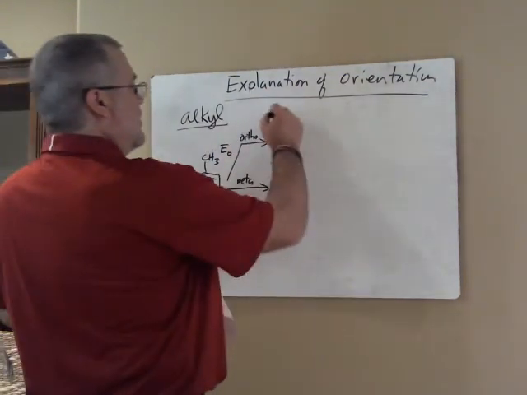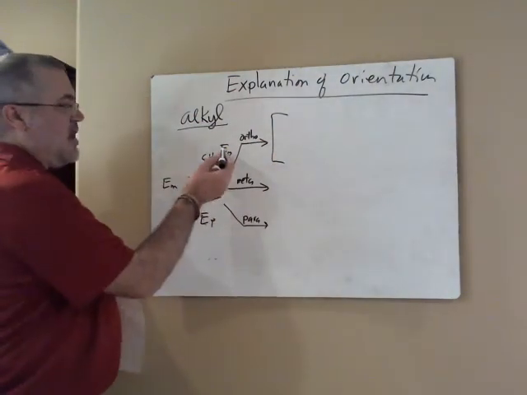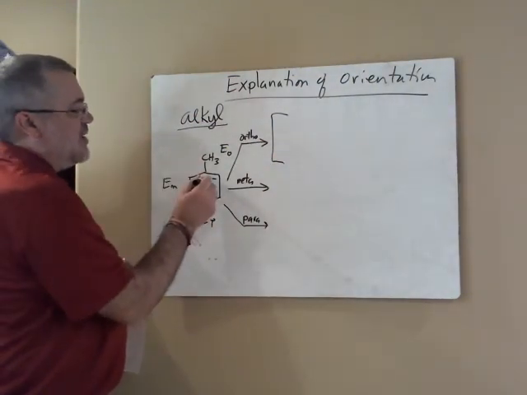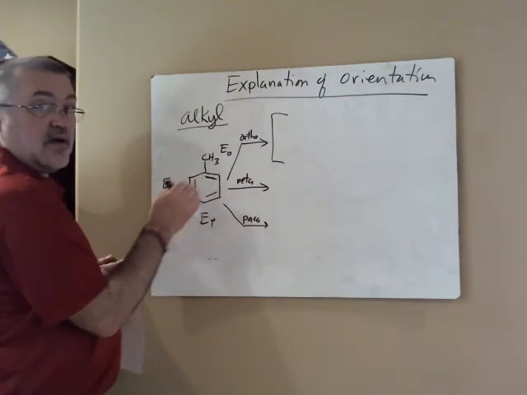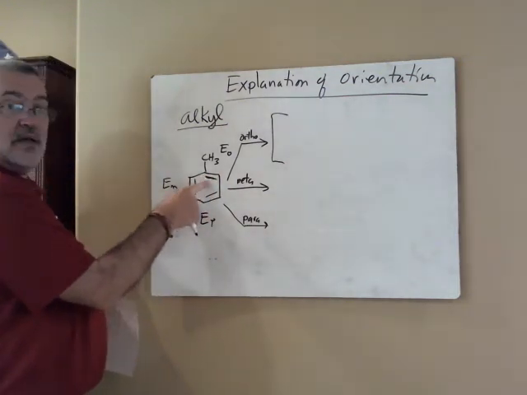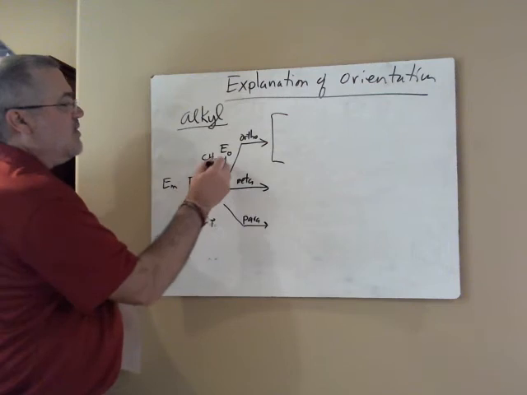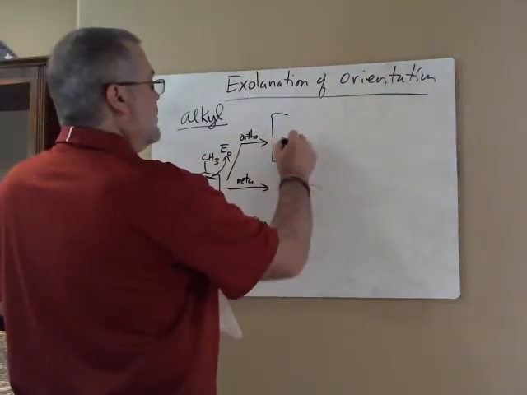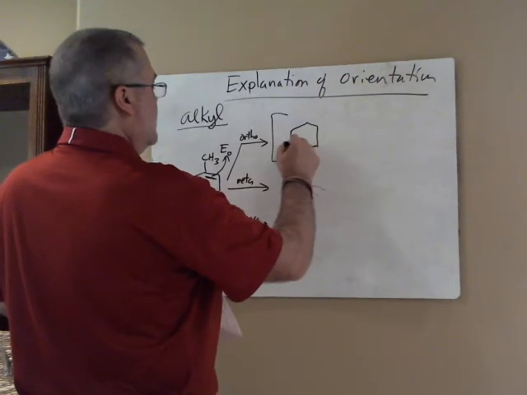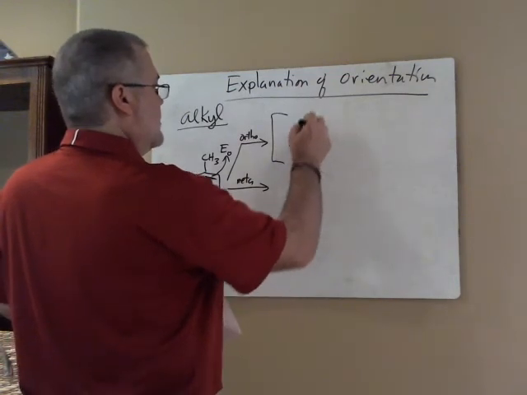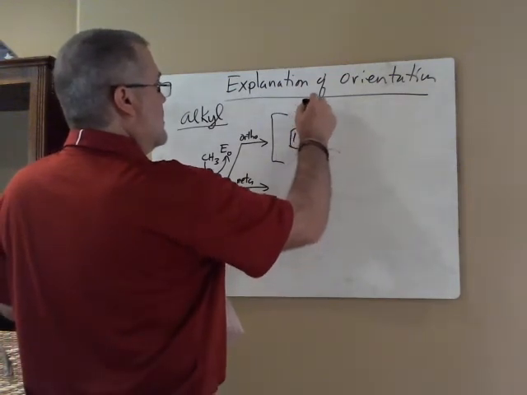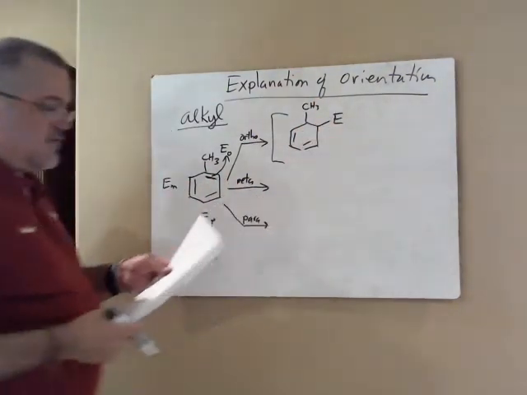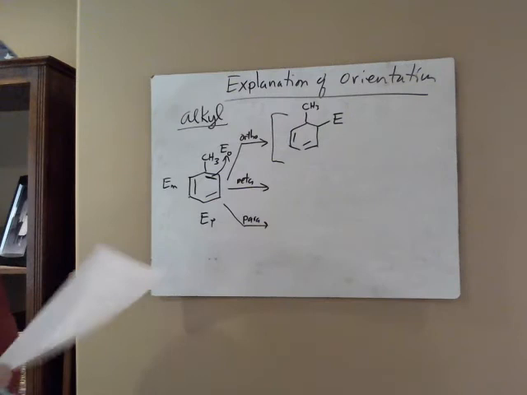And then I'm going to show what's going to happen if I do the substitution to the ortho position. Because in that case, it's going to be this double bond right here, this one, that actually reacts with the electrophile. And so that's going to lead to this intermediate, where the electrophile ends up at that position, right?